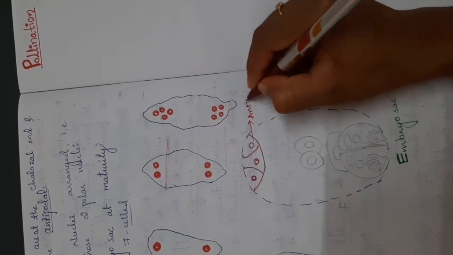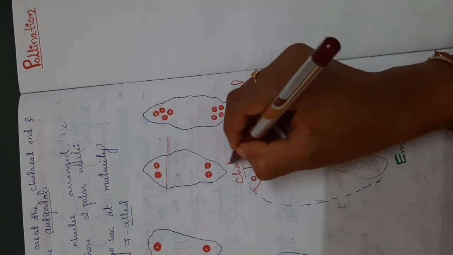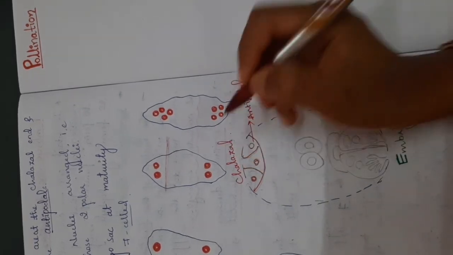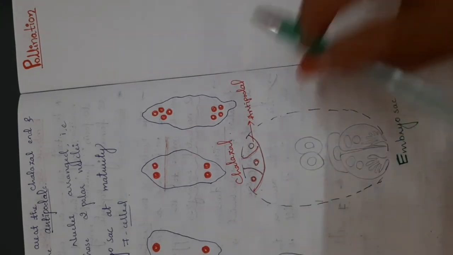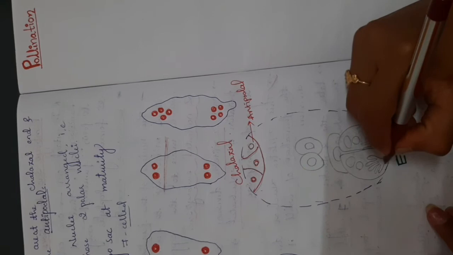The end where the antipodal cells are located is called the chalazal end. Okay, at the chalazal end we can see the antipodal cells. Next, at the bottom, opposite to the chalazal end, you can see the micropylar end.